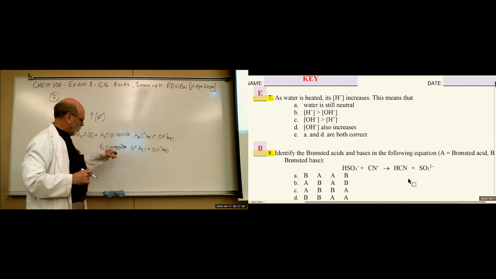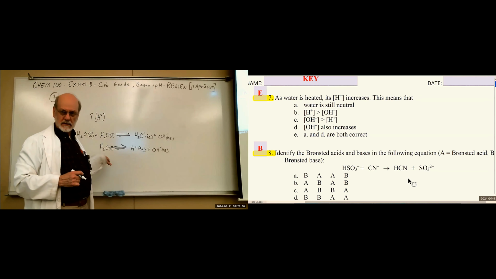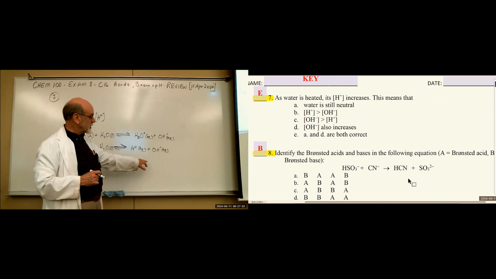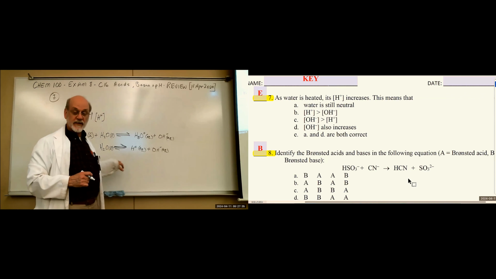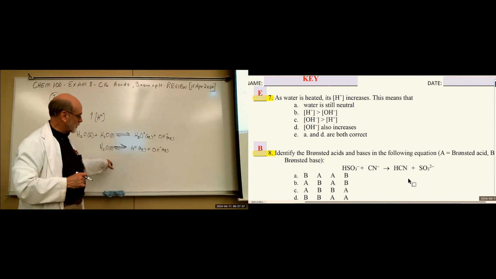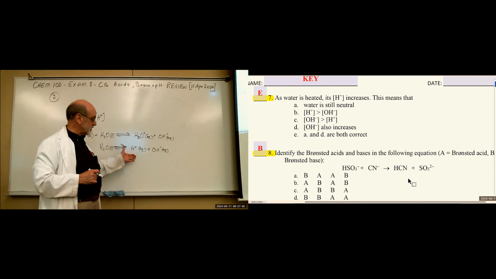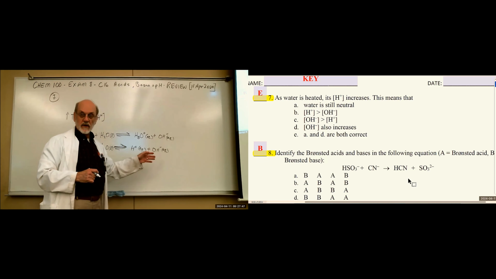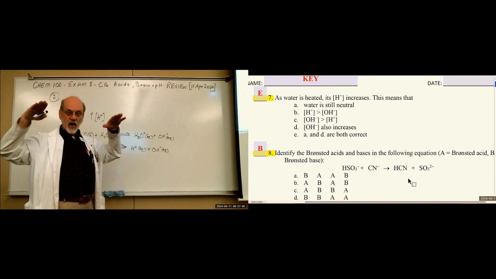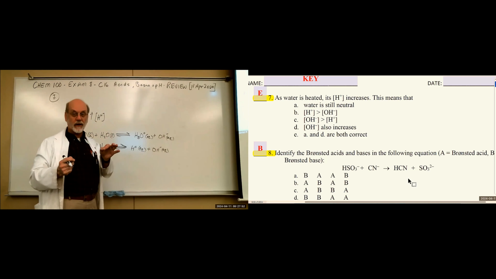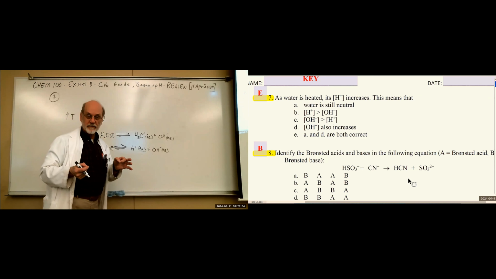Okay. Where did this hydrogen come from? It came from that water. Where did this hydroxyl come from? It came from that same molecule. So for every one of these that you produce, you get one of those. That means even if you increase the temperature and you get more of these, you're also going to get more of those in the same proportion. So they're always equal. If it's just water, they're always equal.